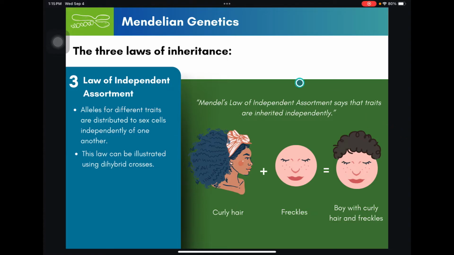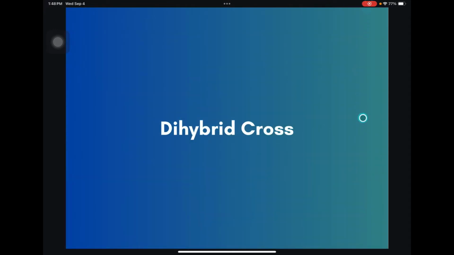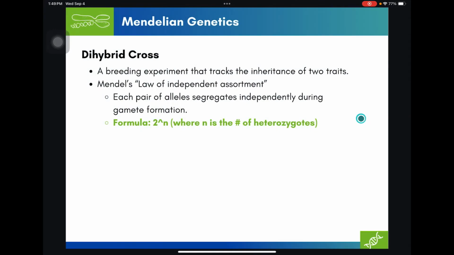The law of independent assortment can be illustrated further using what we call dihybrid crosses. A dihybrid cross is a breeding experiment that tracks the inheritance of two traits. In the previous example, we had the monohybrid cross, wherein we predicted the possible gamete combinations and the possible traits of a given offspring, considering only one trait.